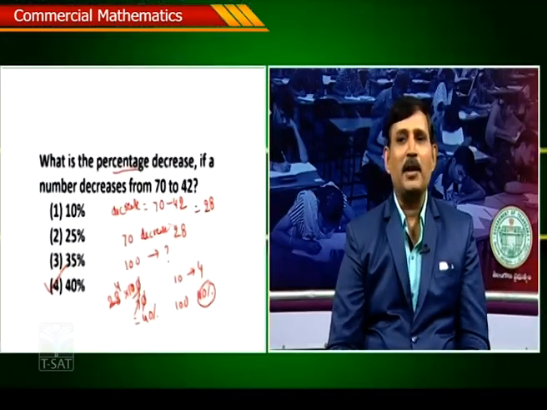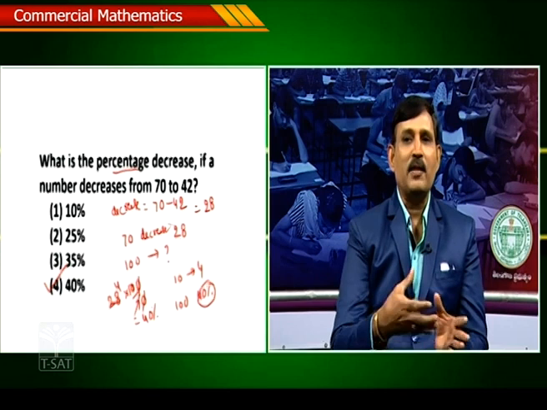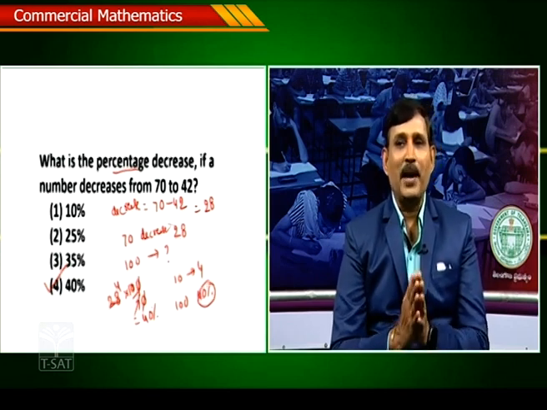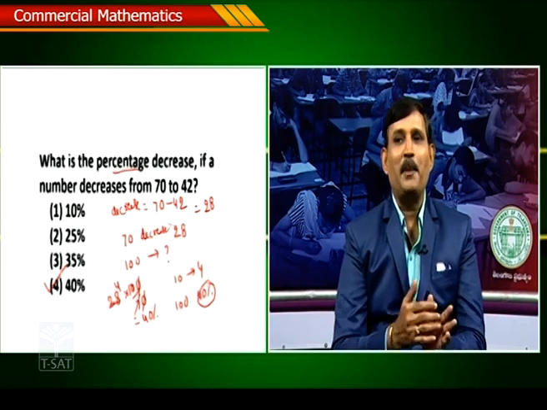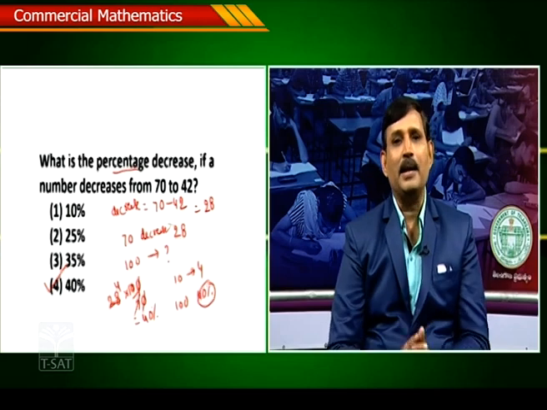Then for 70 it is this much, which in this particular problem is 28. But every time it need not be 28. So when it is a decrease, it is calculated for 70. Percentage means per 100. So always remember that percent means per 100, and the calculation is always done per 100. So if it is 100, what will be the decrease? That is what we are calculating there.